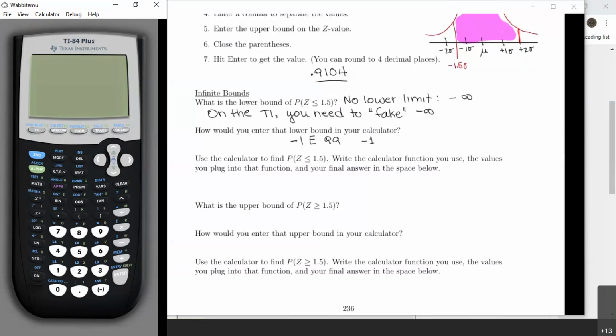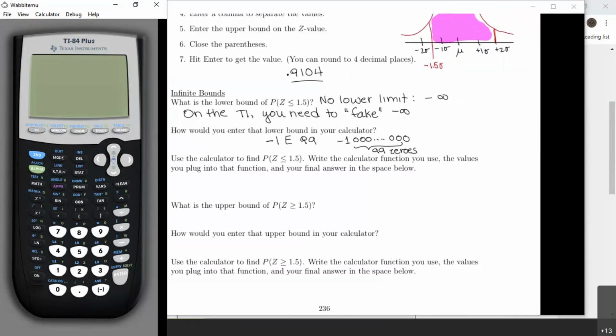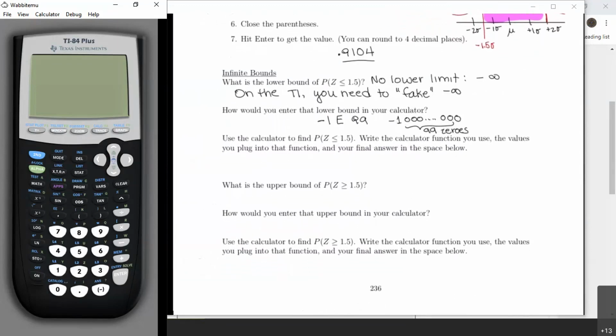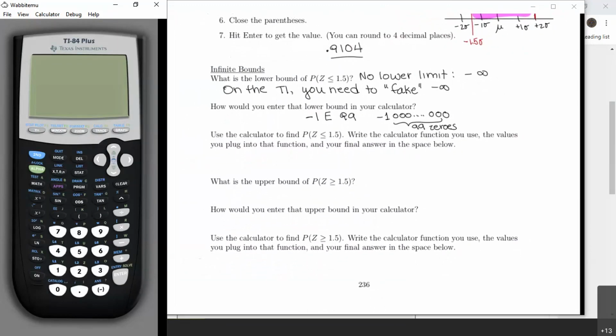So negative a bajillion. It's kind of close to the most negative number your calculator can hold. It's nowhere near negative infinity. Negative infinity is not a number, it's a concept. But we can get a lot more negative than this. But as far as the calculator is concerned, that's negative infinity.